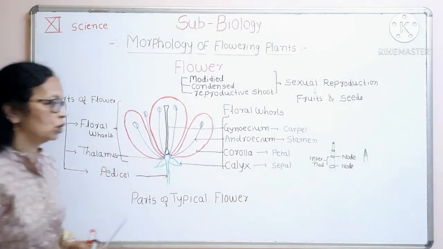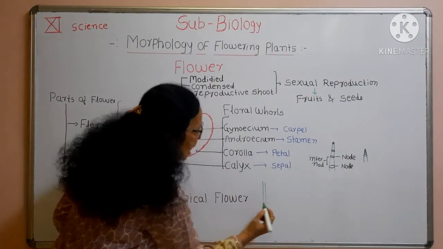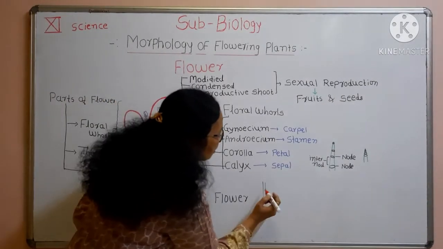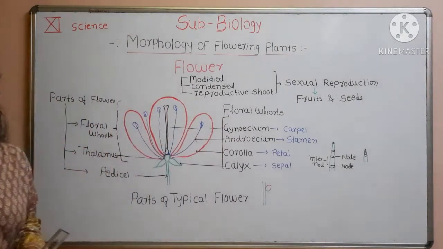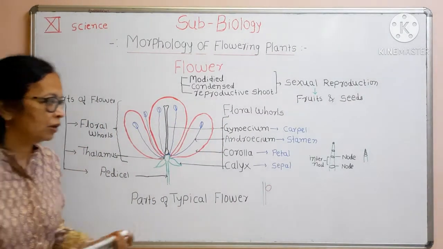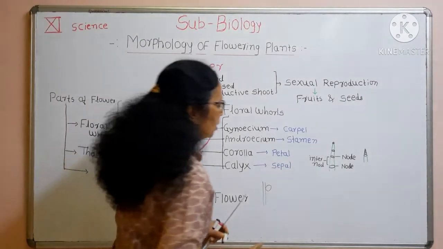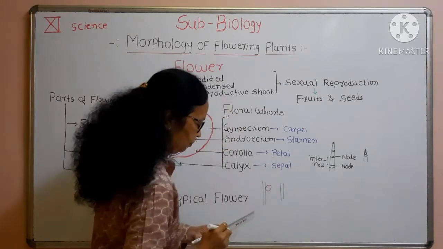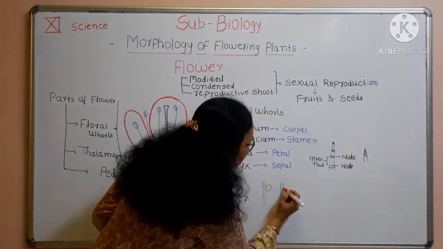And when the stalk is absent, the flower is directly attached to the stem like this, that is called as a sessile flower. क्या बोलेंगे इसको? Sessile flower. And when the pedicel is short, and on that, the flower is developed like this.